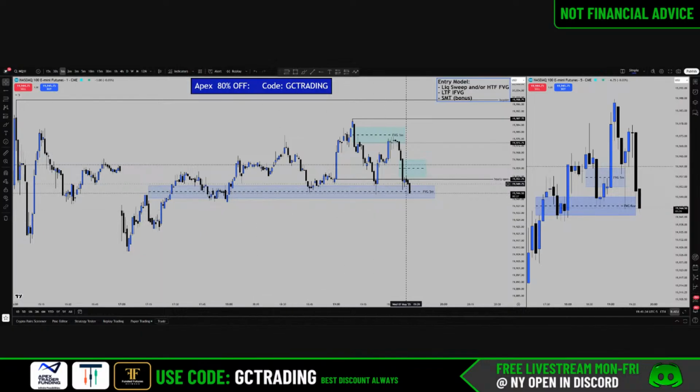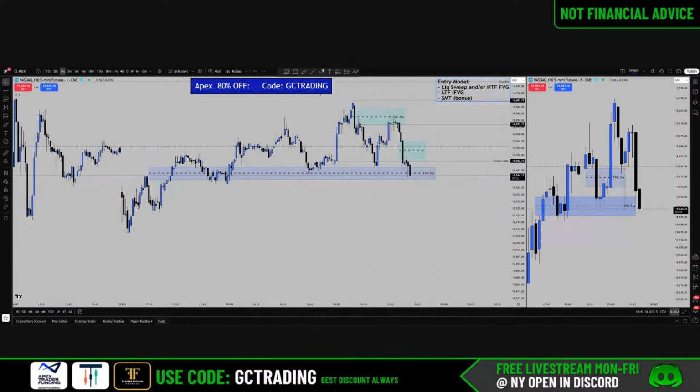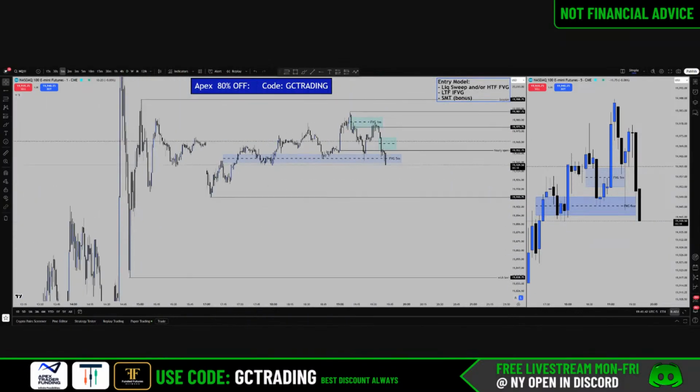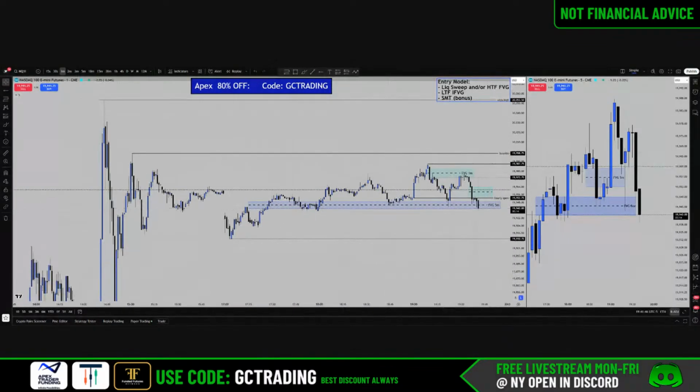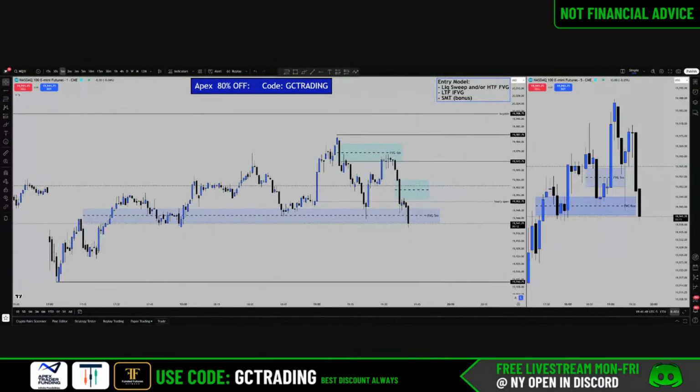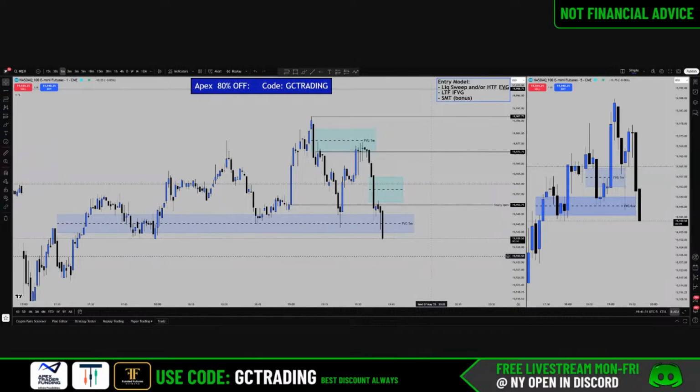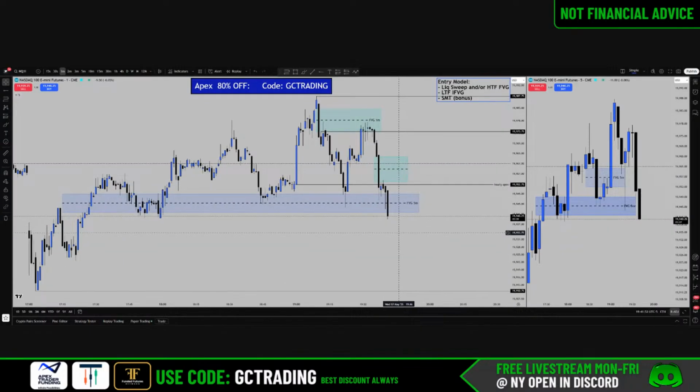So if we do inverse this gap, we get a nice expansion. I'll look for this low here, the session low, and then, if we got runners, we're looking for this wick low. So yeah, I want to see that expansion right there.